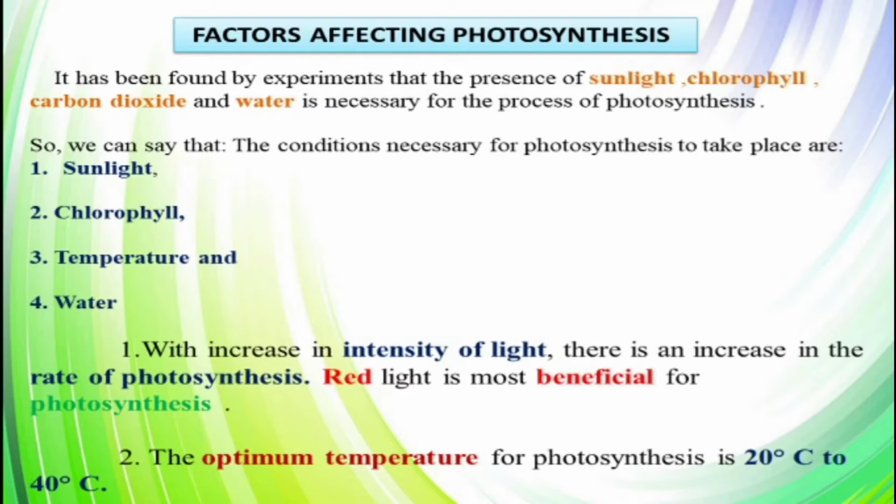Scientists identified these four components used for photosynthesis. They are the four main components necessary for the process of photosynthesis.